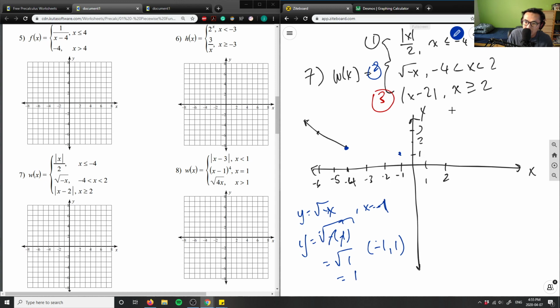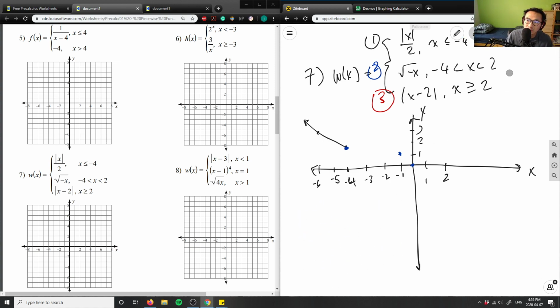Next point here. And then if I subbed in 0, obviously the square root of 0 is 0, right? So my next point could be here as well. So I have 3 points now, and I can connect those 3 points together. But let's sub in x equals 2, because that's my boundary as well, right? So what happens if I sub in x equals 2? If y equals the square root of negative x, if x is positive 2, I would get the square root of negative 2.